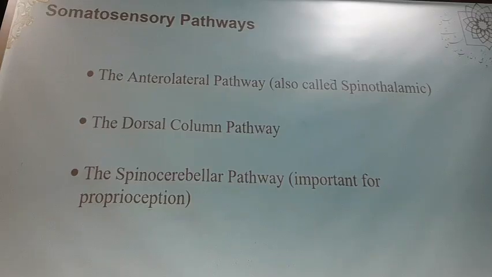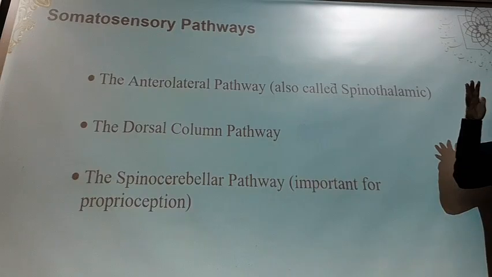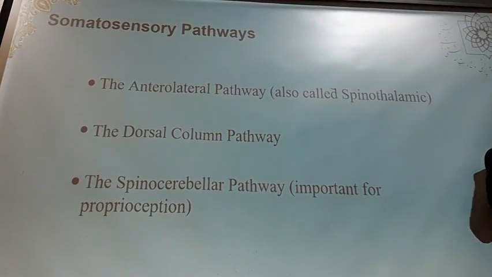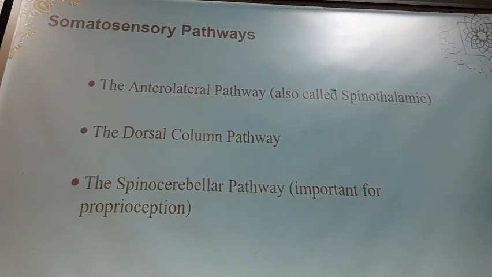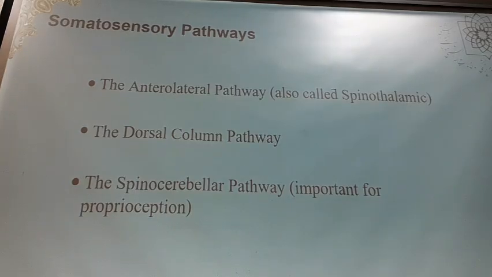When the fibers come into the spinal cord, we have, in fact, we can say we have 3 sets of sensory pathways that send the information to the brain. They are not all together. According to the type of sensation, we have different pathways.